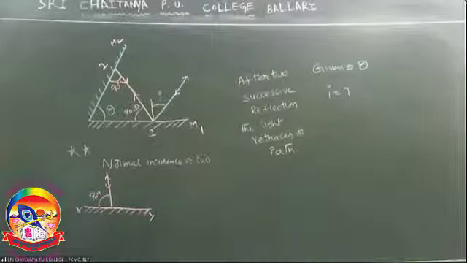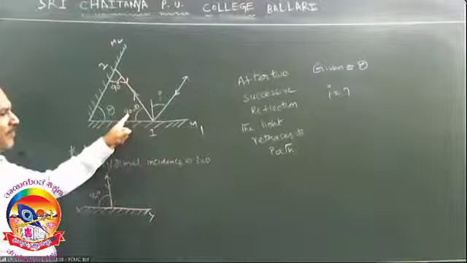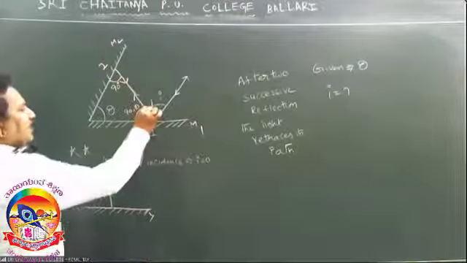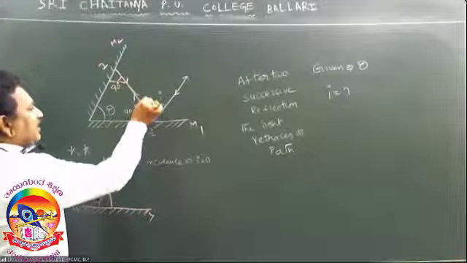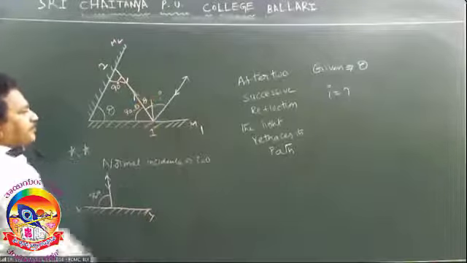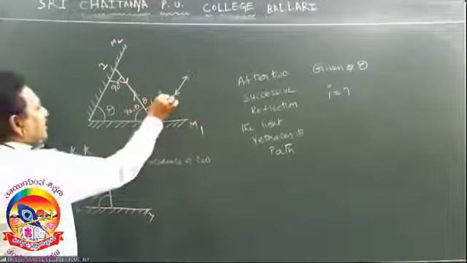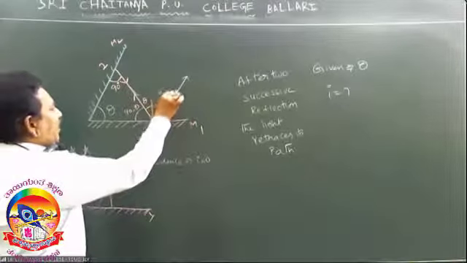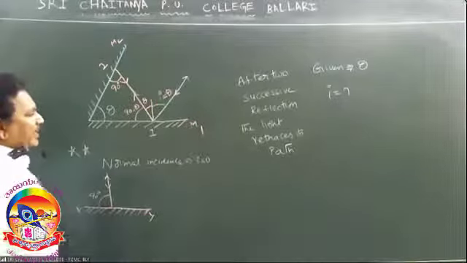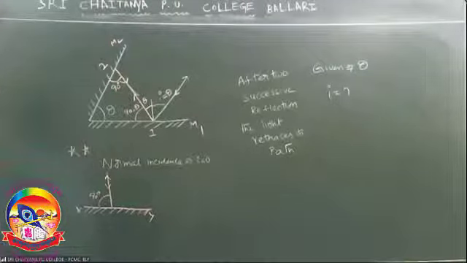So this is 90 minus theta. If this is 90 minus theta, automatically this angle must be equal to theta. If this angle is equal to theta, then this angle must be equal to what? Theta only. Angle of incidence is equal to angle of reflection.